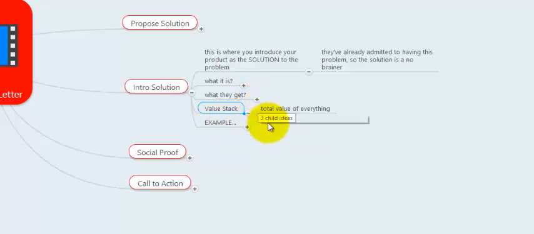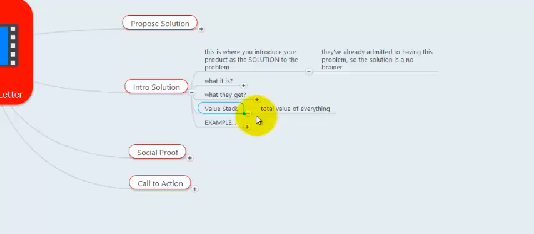So if you have a 10 module video course, go through and give each module of that video course a dollar value. Maybe each module is worth $97. Maybe it's worth $197. And maybe the bonuses are worth $497. Go through and add up all those values and put the total value of everything on the screen.